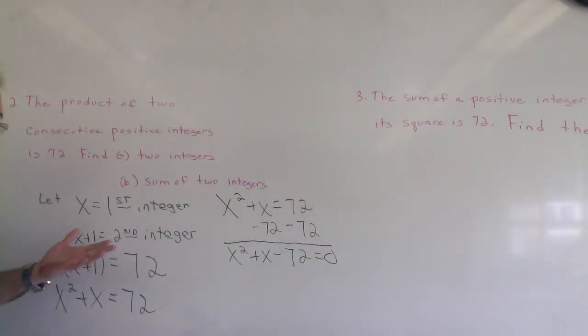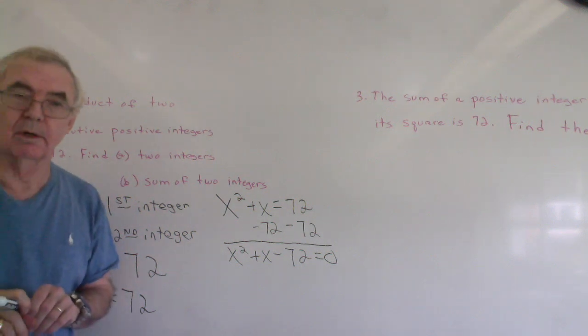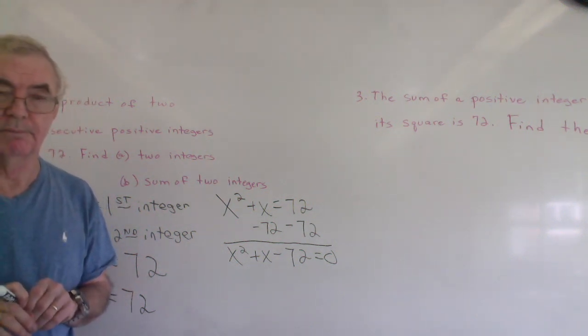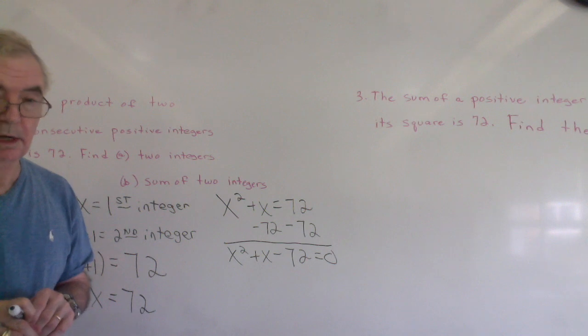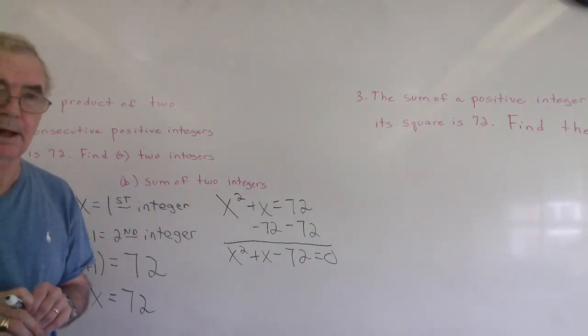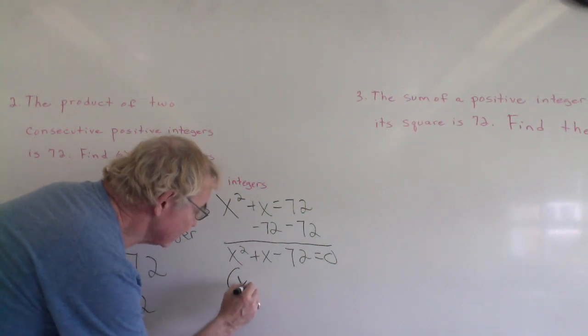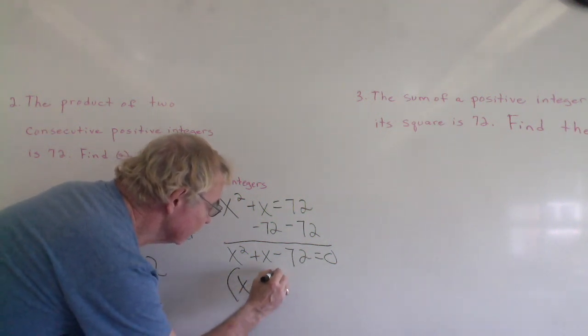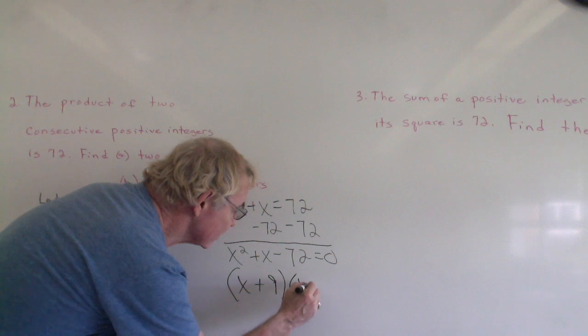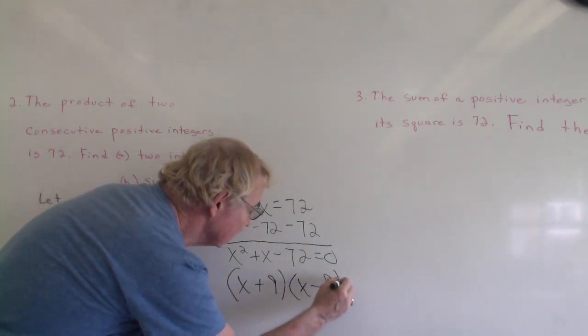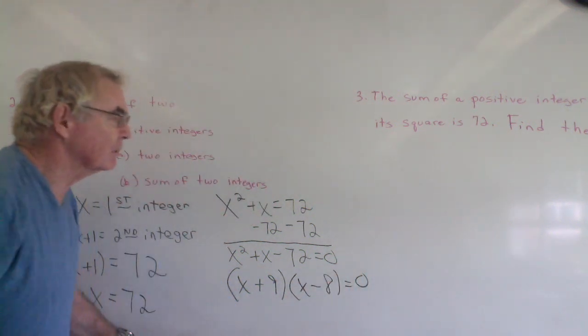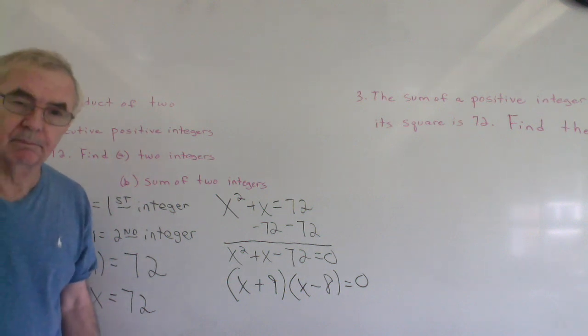Now, solving this quadratic, we're going to use factoring. There's two multiples of 72, which hopefully will jump out at you fairly quick. You can factor that as x plus 9 and x minus 8 equals 0.